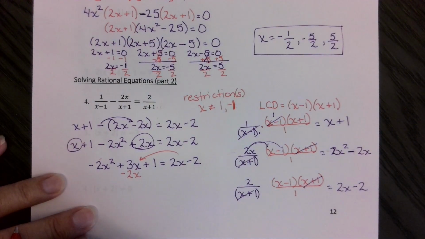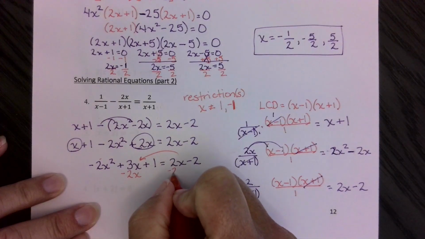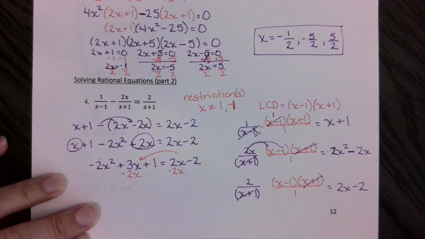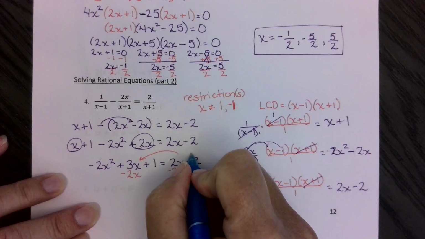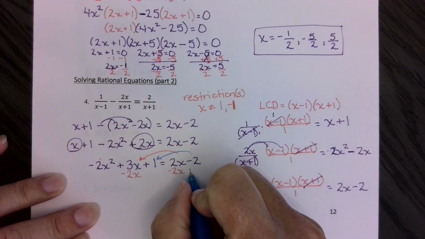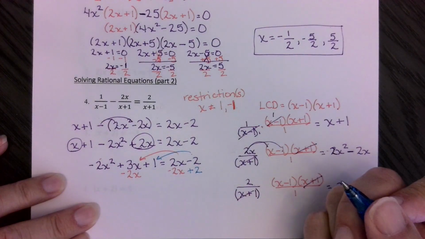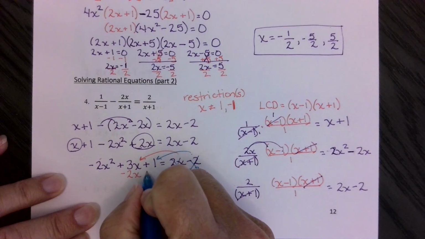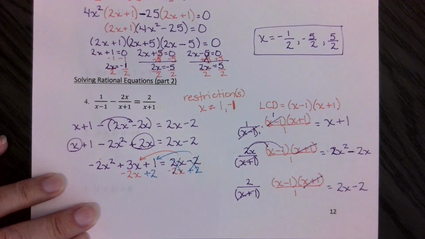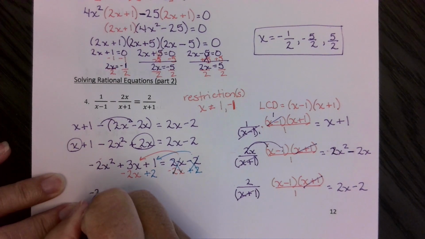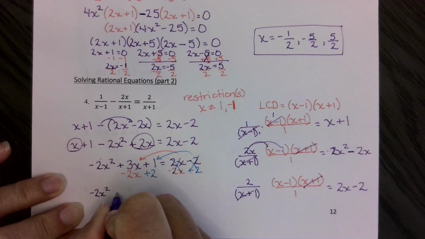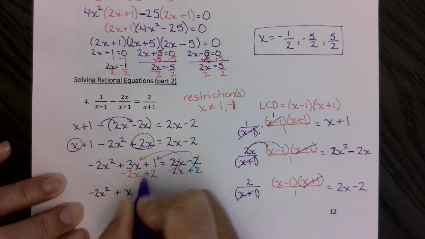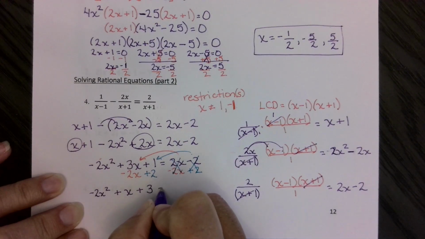And I get negative 2x because I'm subtracting it here. I'm also going to take care of this minus 2. I'm going to take it over here because I have to get one side equal to 0. So that cancels and that cancels. So if I add 2 here, I now have negative 2x squared plus x plus 3 equals 0.